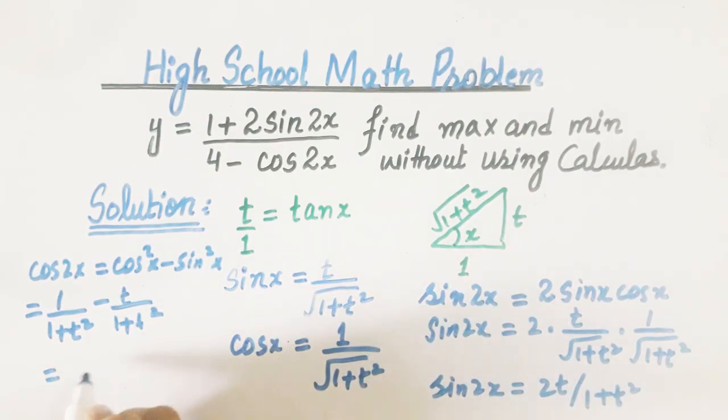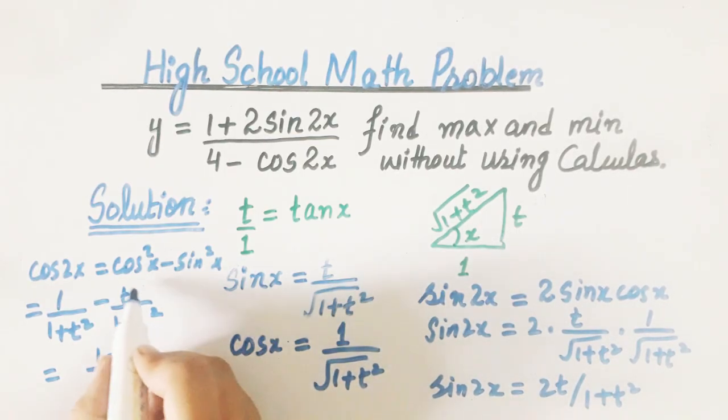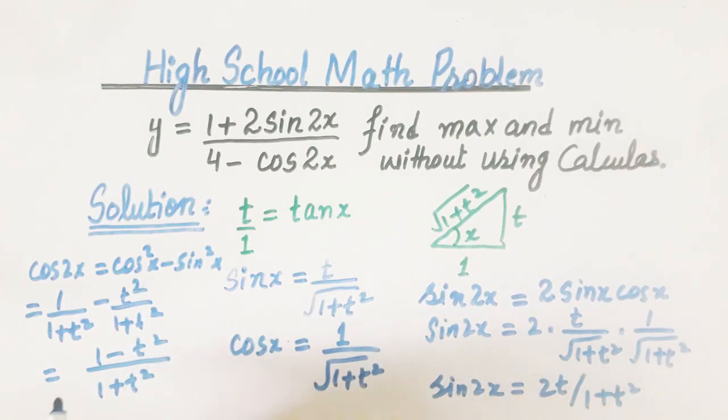Now by taking the LCM we will get 1 minus t square over 1 plus t square. Now we have the value of cos 2x and also have the value of sin 2x.